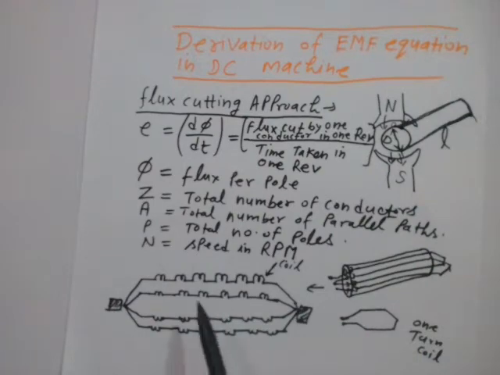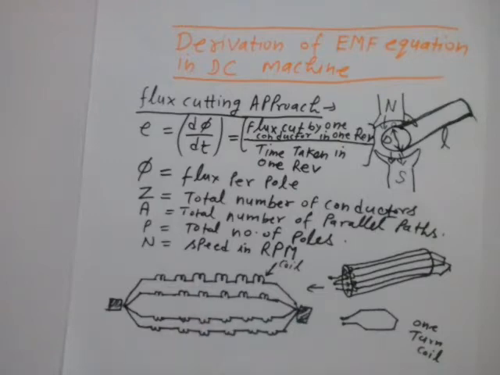If one battery voltage is 10 volt, then what is the total voltage in one parallel path? 10 plus 10 plus 10 plus 10 plus 10 plus 10, total 60 volt. So 60 volt in this parallel path, 60 volt in this parallel path, likewise here and here, right? For simplicity, I have chosen only 4 parallel paths.